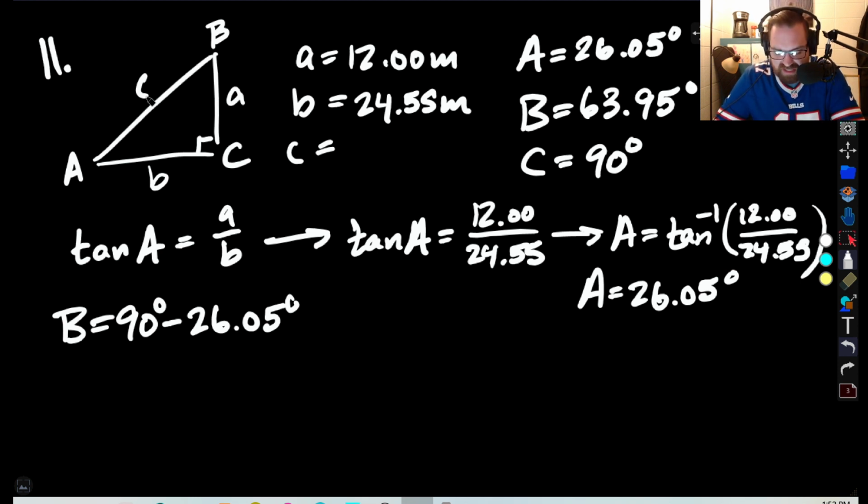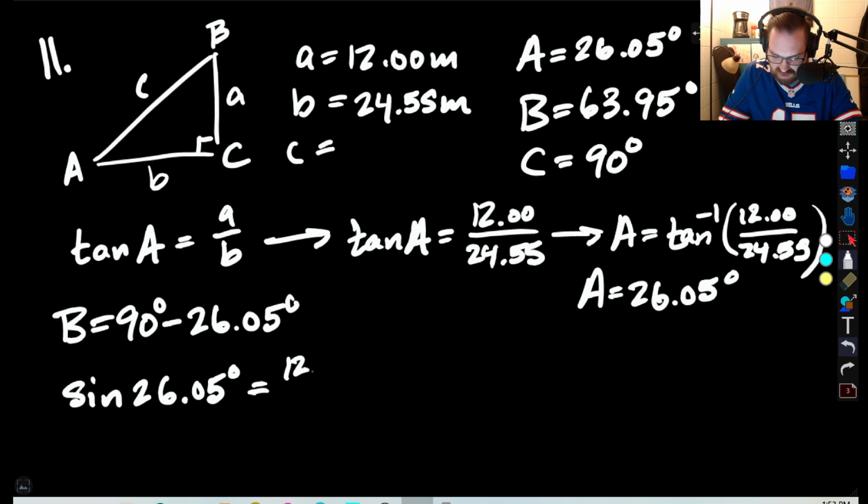So C is the hypotenuse, and you can use sine or cosine. I'm going to do sine, actually. I like sine. Sine of 26.05 degrees is equal to my A, which is 12.00 over my C value. So remember, if this is in the denominator, I flip.